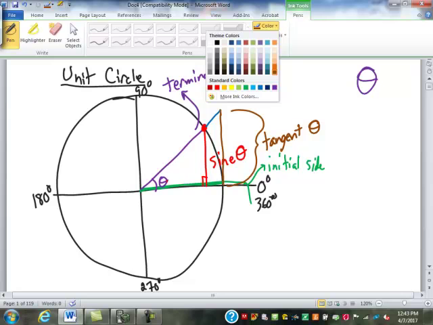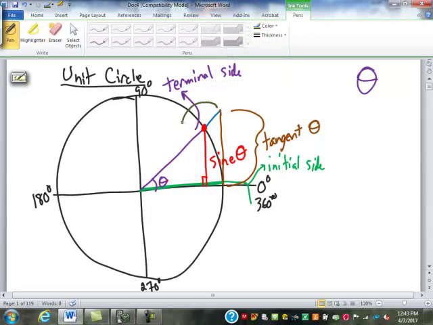This piece here that we extended out to meet the tangent contains points that are both inside the circle and outside the circle, so that is the secant of that angle. Those are the three main trig functions: sine, secant, and tangent.